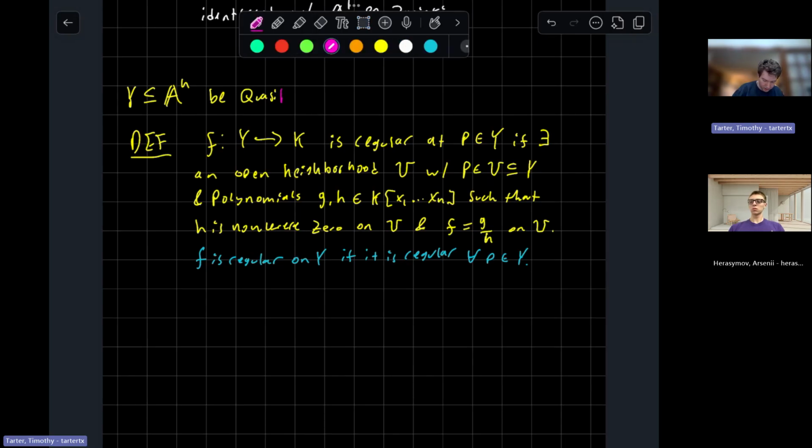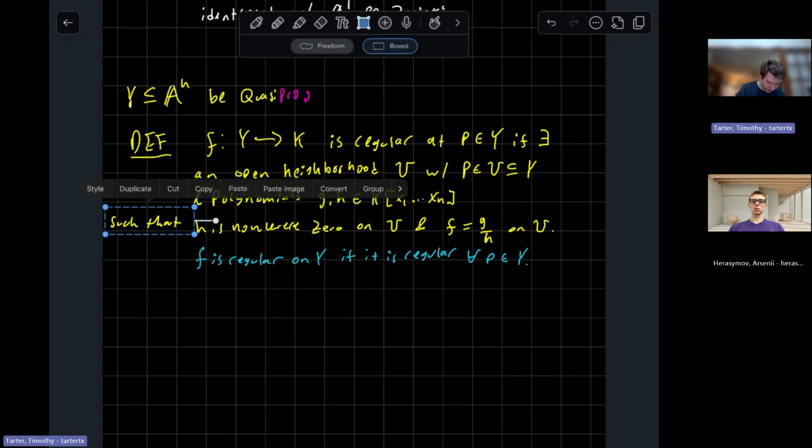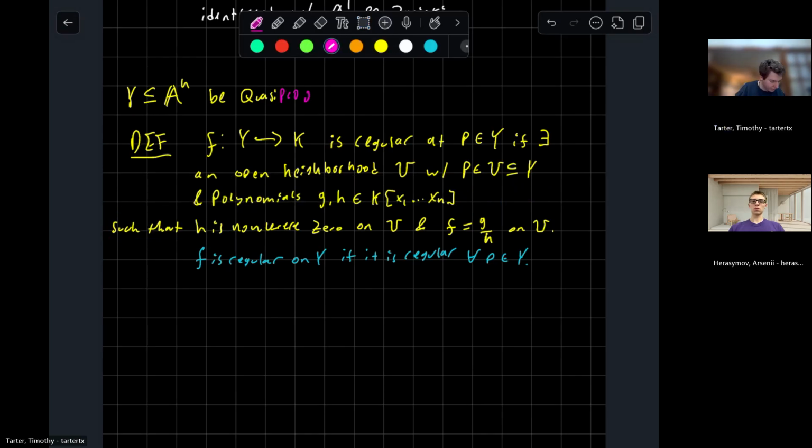So for quasi-projective, the only place where we change this definition is that the polynomials g and h have to be homogeneous polynomials of the same degree.